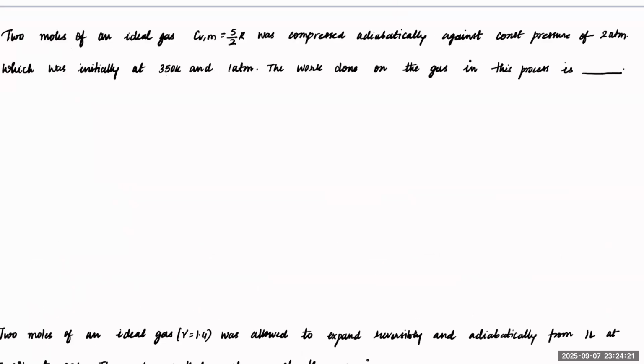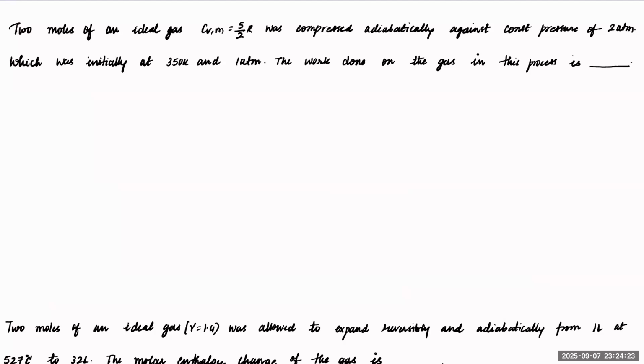2 moles of an ideal gas, Cv value is given, was compressed adiabatically against a constant pressure of 2 atm, which was initially at 350 kelvins and 1 atm. The work done on the gas in this process is how much?